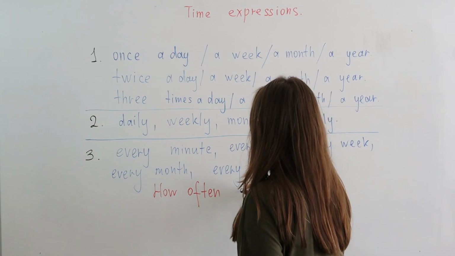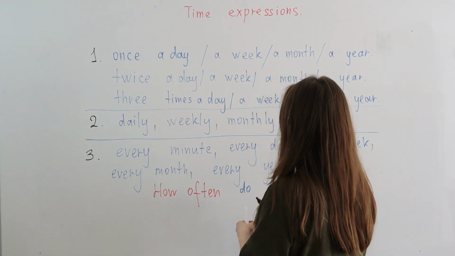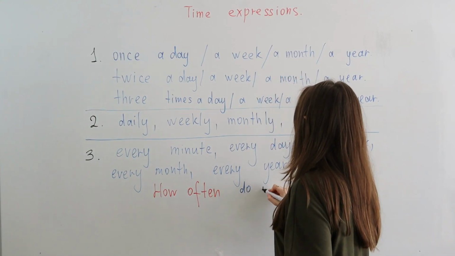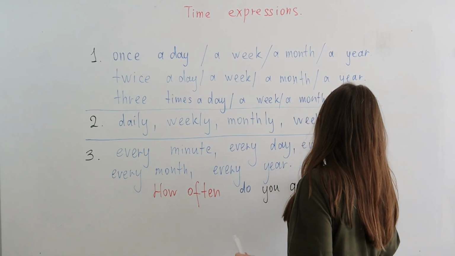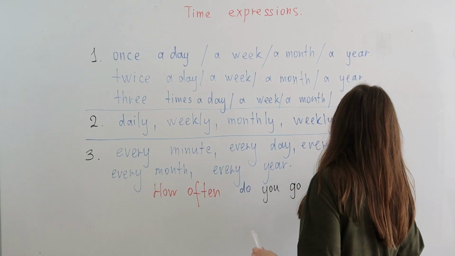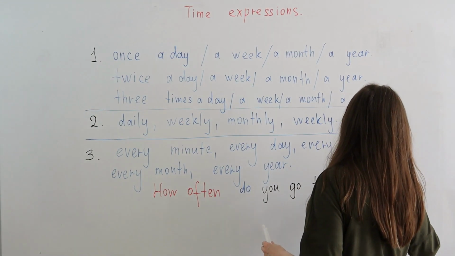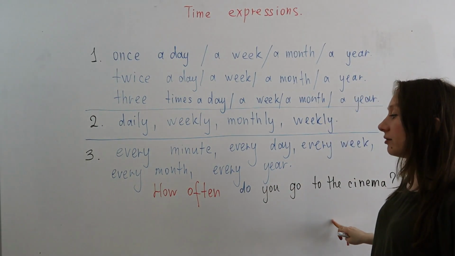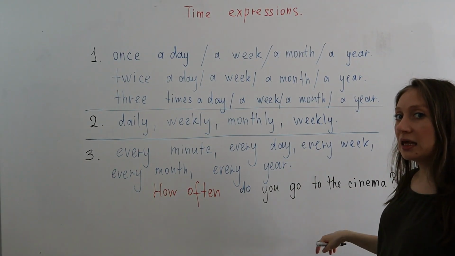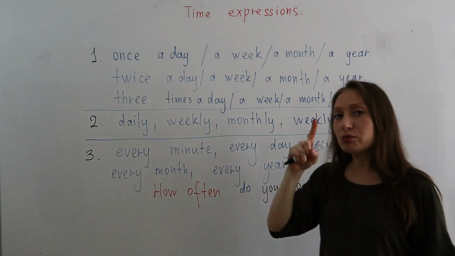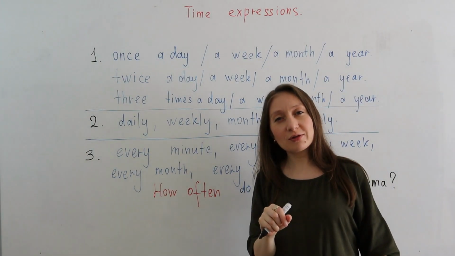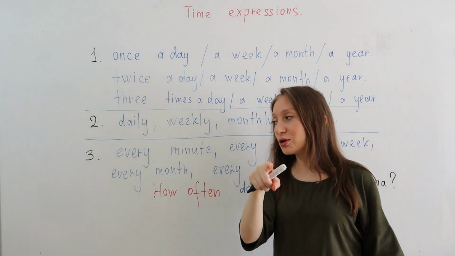We have auxiliary verb do. How often do you go to the cinema? So let's try to use these time expressions. What about you? How often do you go to the cinema? Can you answer the question?